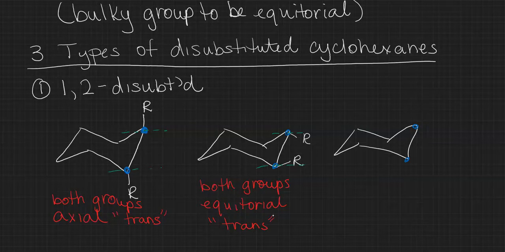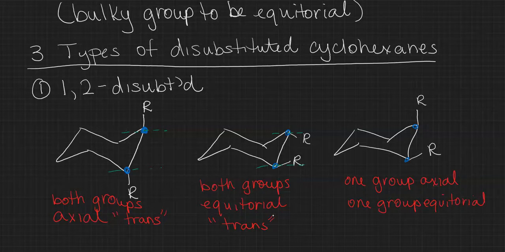And I can have one group that is axial and the other equatorial. And if I have one group axial and the other group equatorial, that would represent cis.